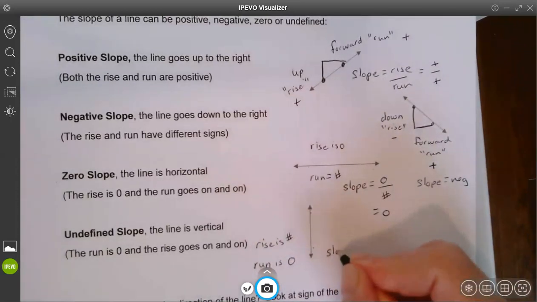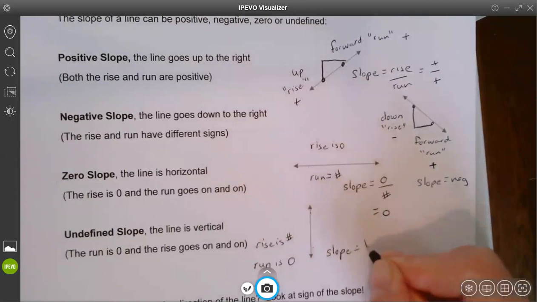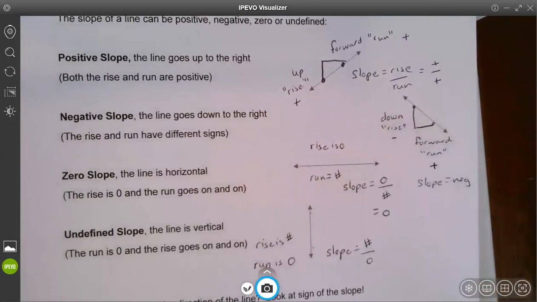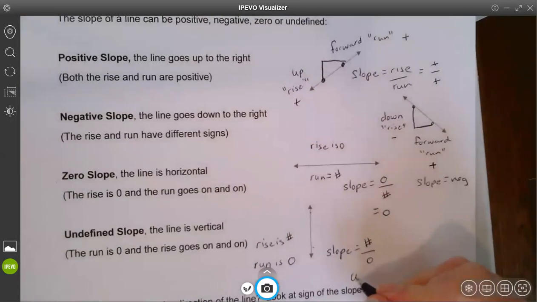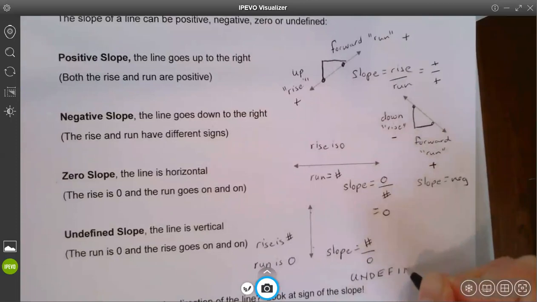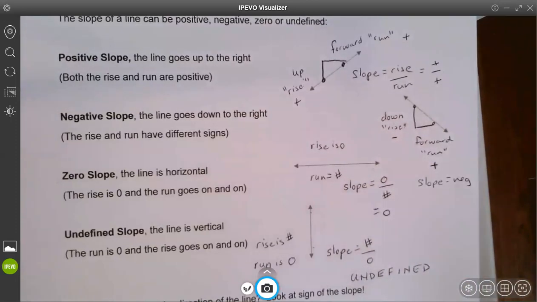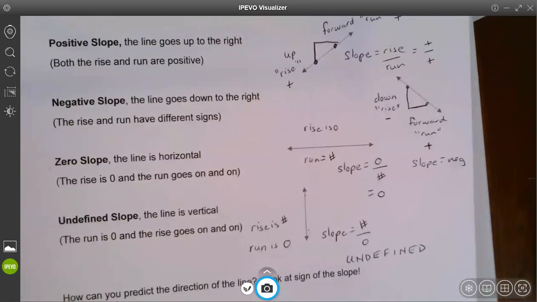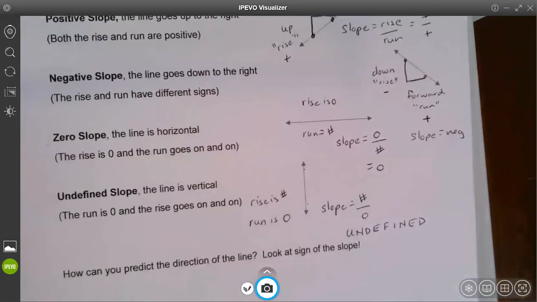So when you do the slope, which is some number over the run of zero, and you input this into your calculator, you're going to get an error message. That is because this is undefined. It's something that cannot be calculated. Okay, and we're going to look at those in terms of graphing in just a minute.